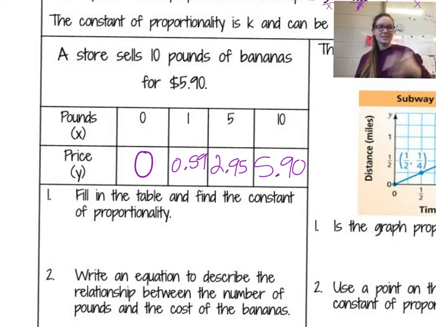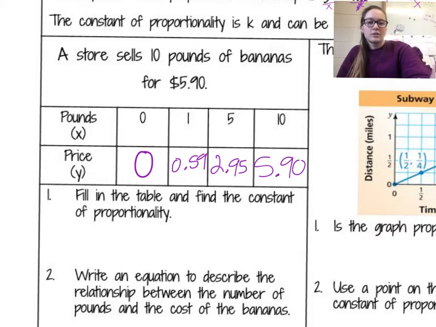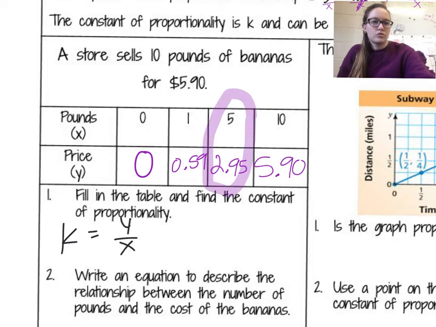So the constant of proportionality is that relationship between them, like we've been practicing before. But specifically y divided by x. So before, we might have done x divided by y, but the constant of proportionality, k, is y divided by x. So let's pick one of the points. Okay.